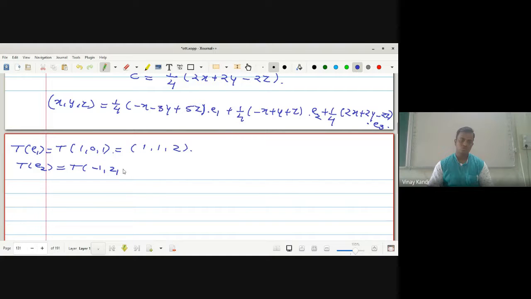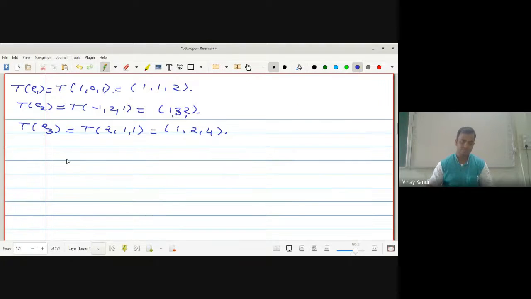Similarly, T of E2, that is T of (minus 1, 2, 1), we get (1, 3, 2) by the above mapping. Similarly T of E3, which is T of (2, 1, 1), this is the third basis element, we get (1, 2, 4).